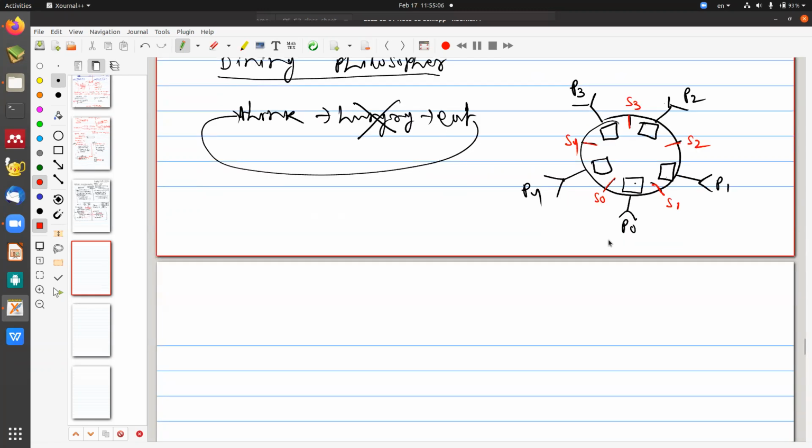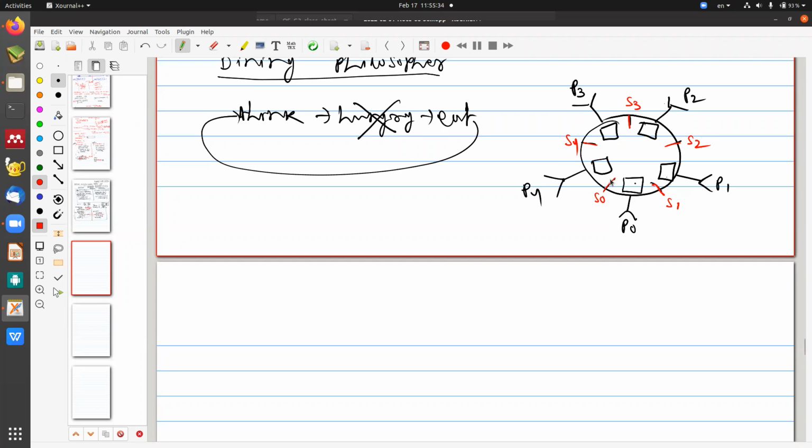And we have studied, if there is no sharing and nothing simultaneous, then there is no question of inconsistency. Since there is a possibility that both P4 and P0 are going to eat at a time, and S0 is the shared resource which has to be taken by both of them, that's why there is a need of synchronization. Everybody got it? Why is there a need of synchronization for S0?